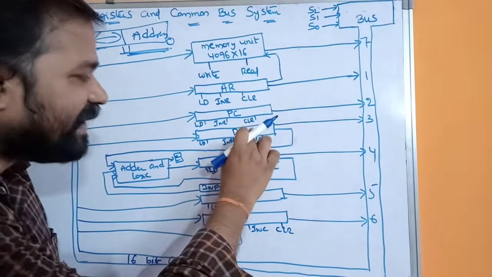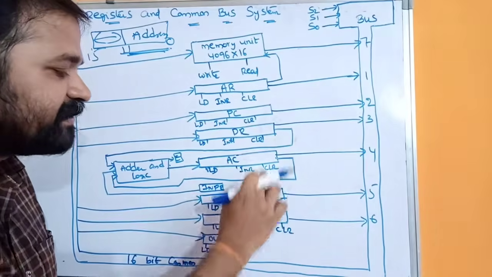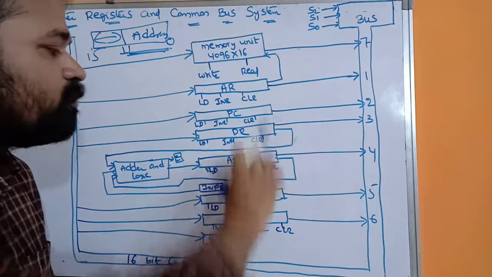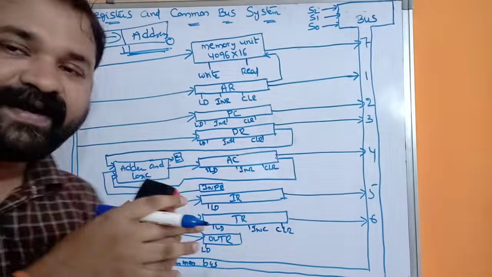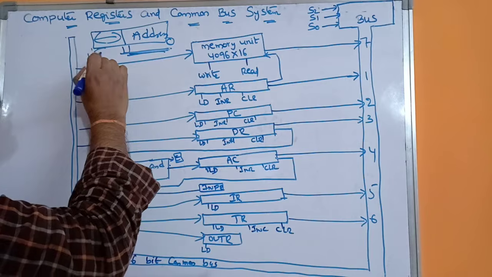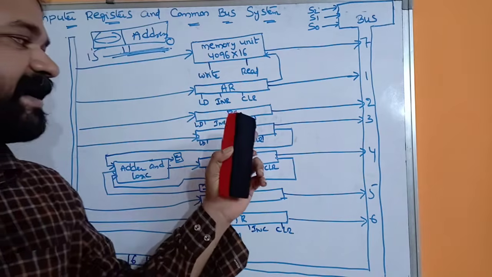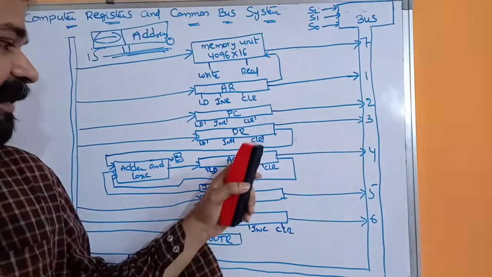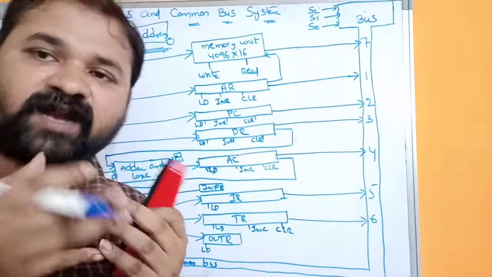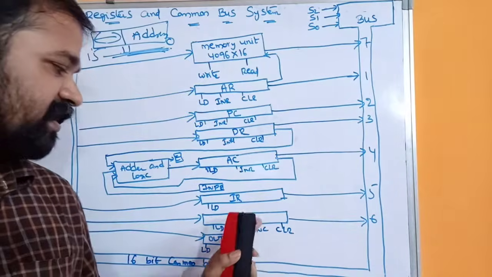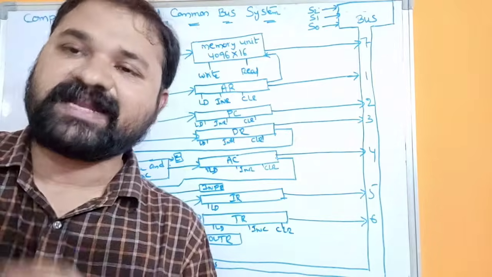Coming to the data register, accumulator, instruction register and temporary register, these 4 mainly store data or instructions, so the size of all those registers is 16 bits. The data register stores the data, the operand. The accumulator is a general purpose register. The instruction register stores the entire instruction. The temporary register is for temporary calculations.